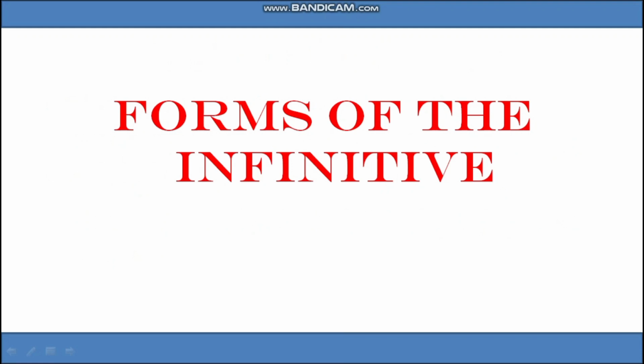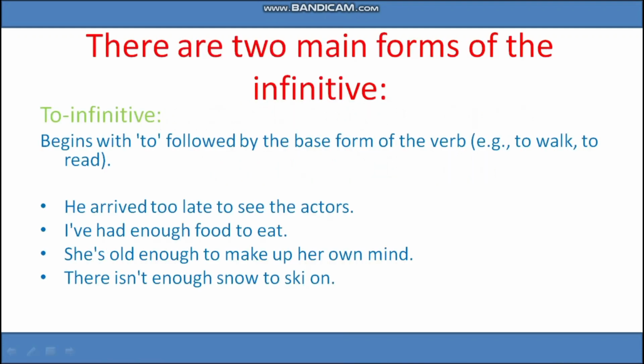We will understand forms of the infinitive. Now infinitive has not only one form, it has two forms. You can say types of infinitives. You can say two types. To infinitive begins with to, followed by the base form of the verb.